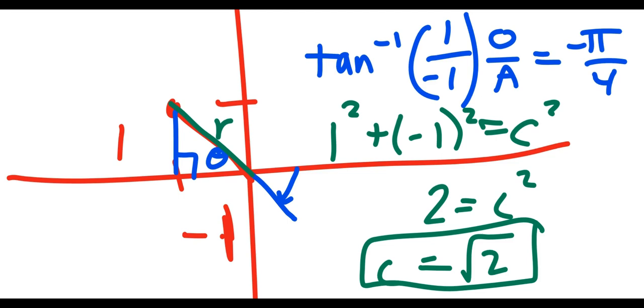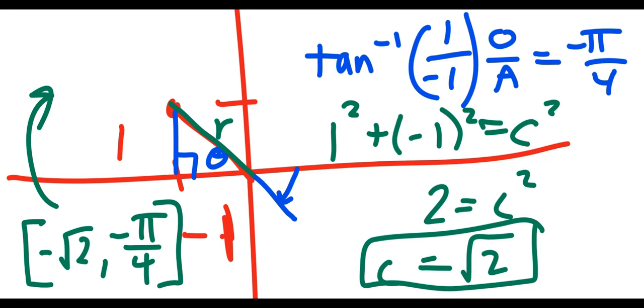Okay. We found the distance, we found the angle. So we could actually write this coordinate as negative square root 2 and negative pi over 4.